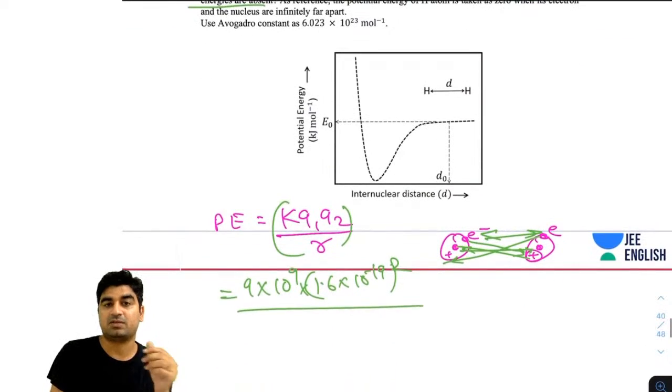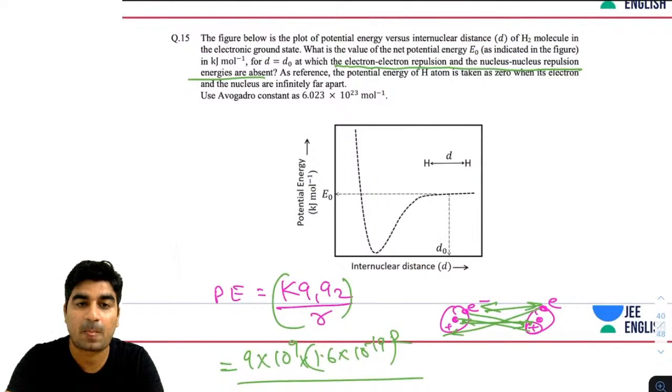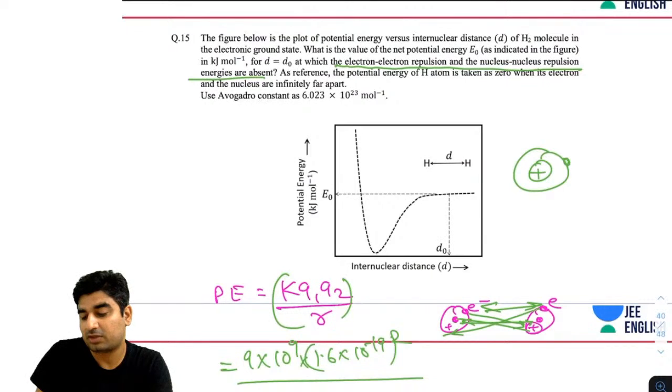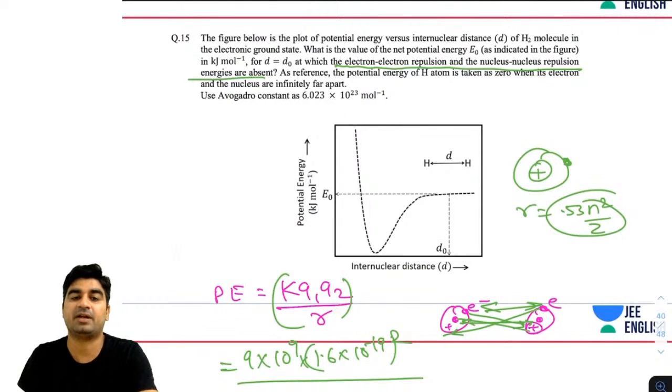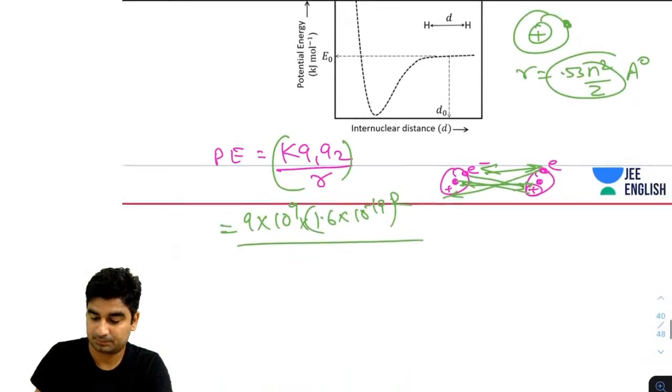And then guys, what is the value of R? What is the value of R? How will you calculate that? Can you tell me? So guys, when I'm talking about hydrogen, it is unielectronic species. So value of R will be 0.53 n square by Z. So you will be getting value of R from there. Angstrom.